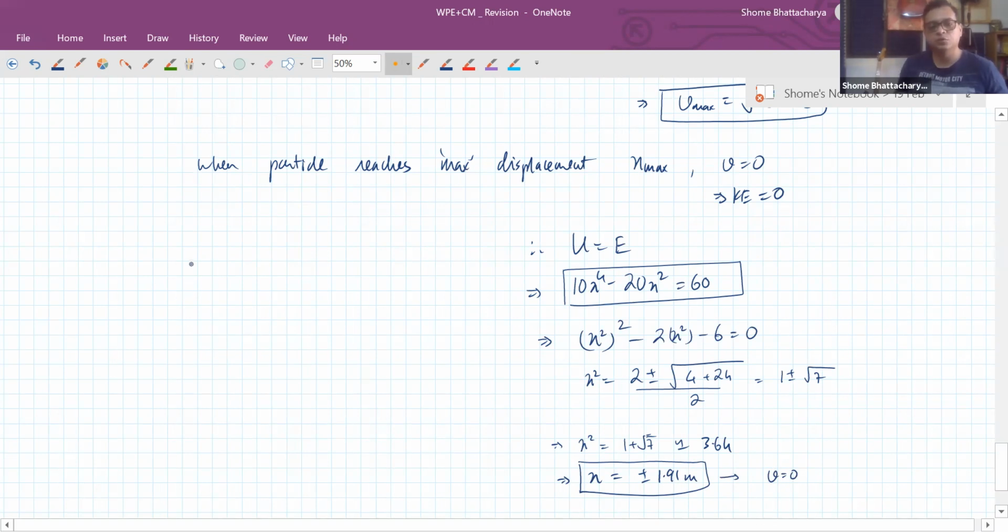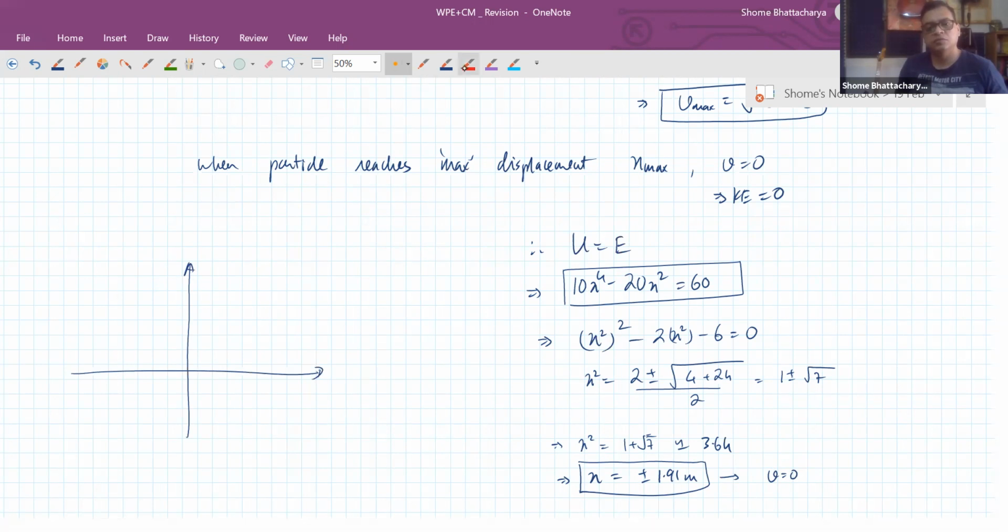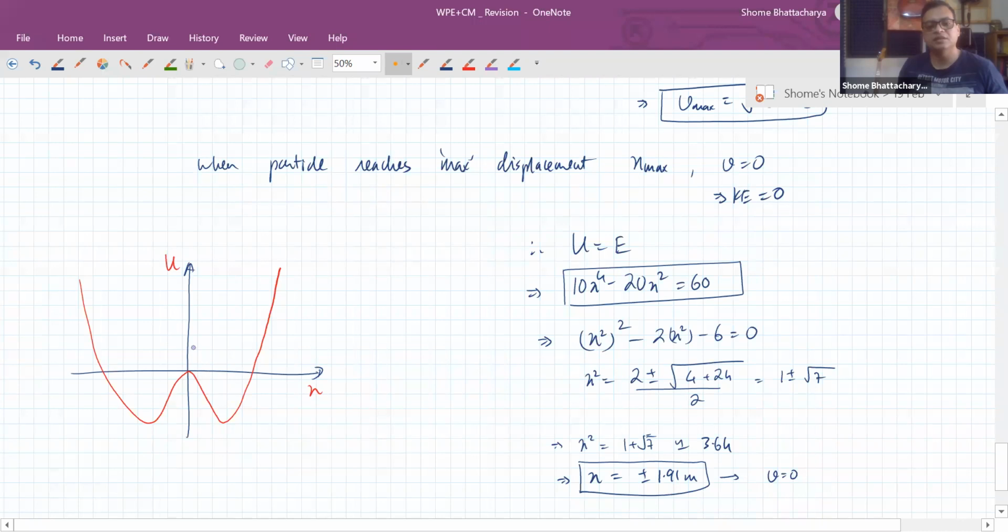So in other words, if you go back to that graph of potential energy versus X, that graph is like this. If we talk about the total mechanical energy in that particular problem, it was 60 joules. And the potential energy's minima was minus 10 joules.